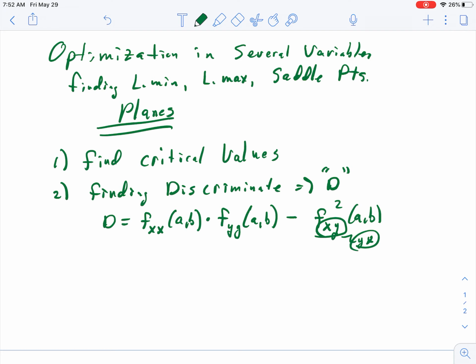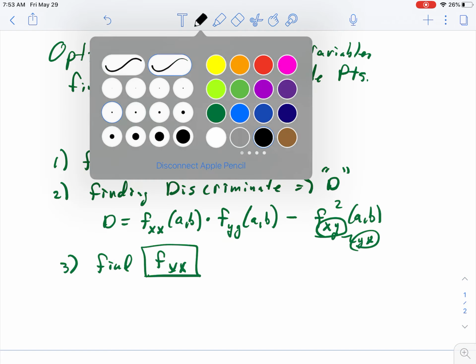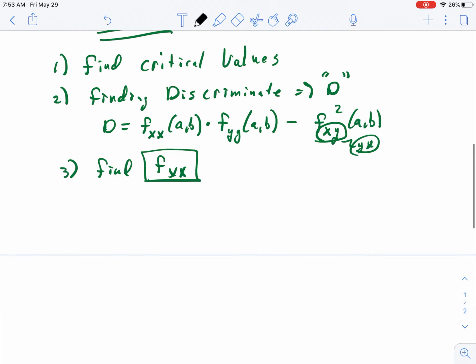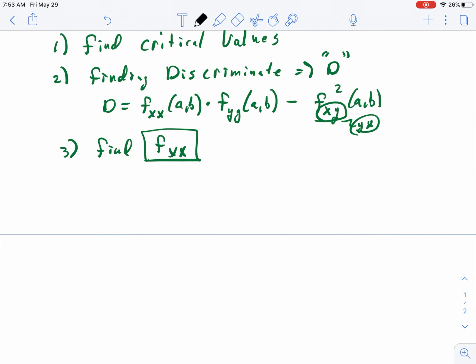Now remember, this can also be yx. Order does not matter. The third thing here is we're also going to be finding f_xx.